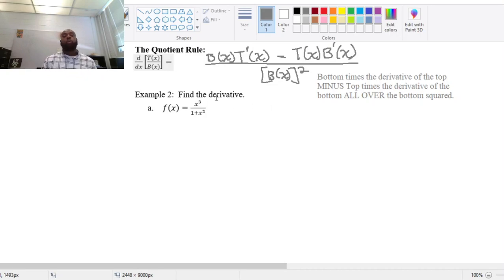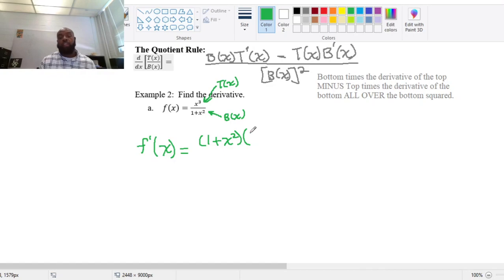All right. So we can look at the top function and the bottom function. So I'm not going to necessarily write those things down, but let's go ahead and take the derivative, right? And so again, that's my t of x, and the 1 plus x squared is my b of x, right? And so by this formula, by my quotient rule, I take my function that's on the bottom, which is a 1 plus x squared, and I multiply it by the derivative of the top function, that's t prime, right?